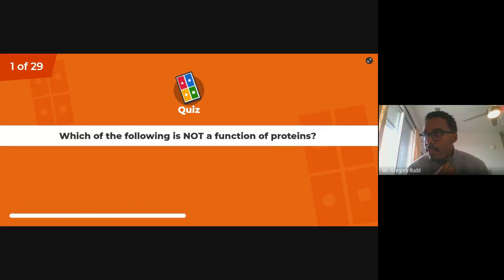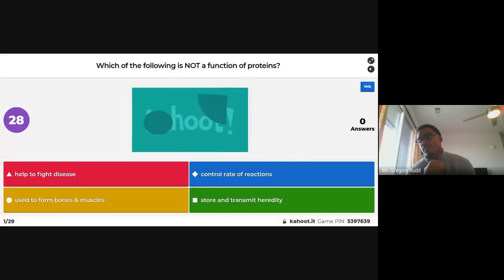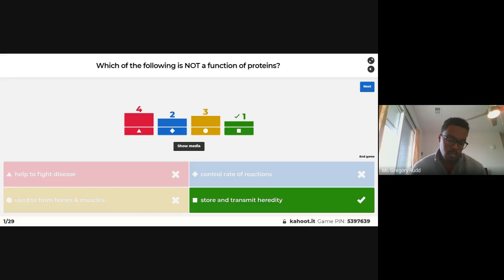Which of the following is not a function of proteins? We just went over this stuff. Which of the following is not a function of proteins? Come on, folks.